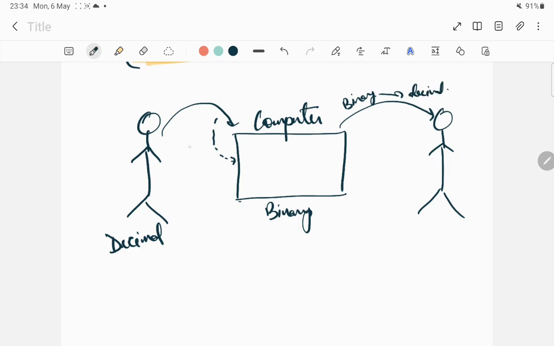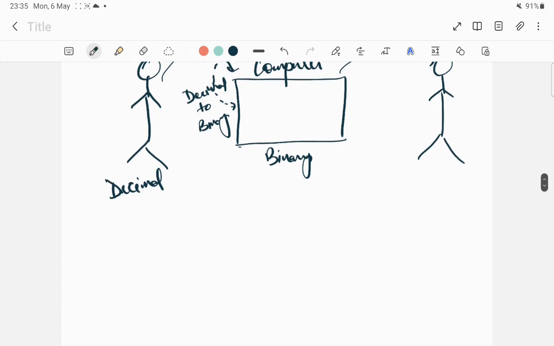So here we are converting decimal to binary, and when we want to get output from the computer on the human side, we need binary to decimal, because we don't understand what a binary number represents of the things we really want out of the computer.